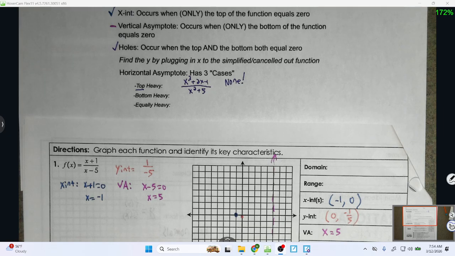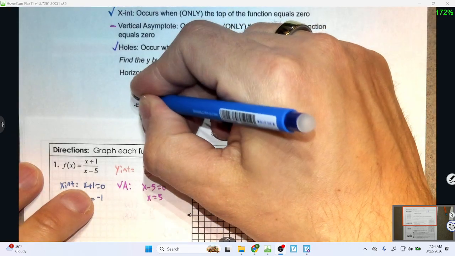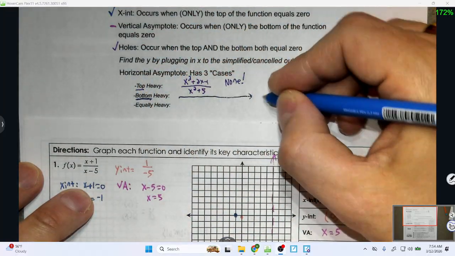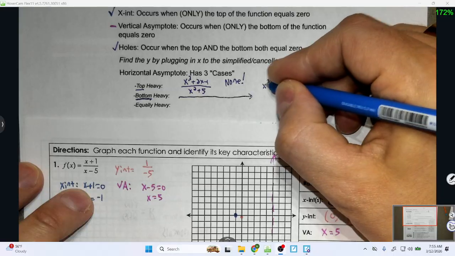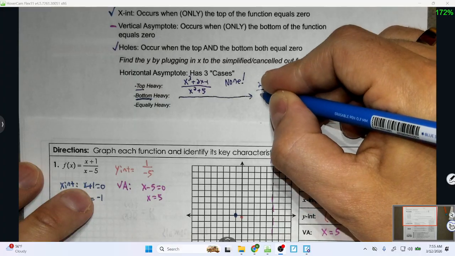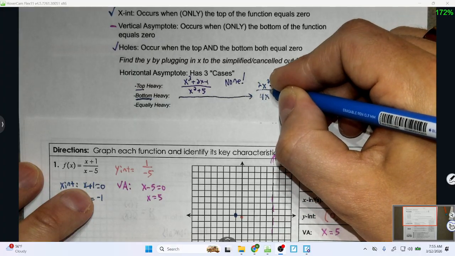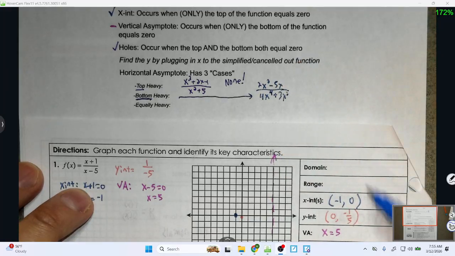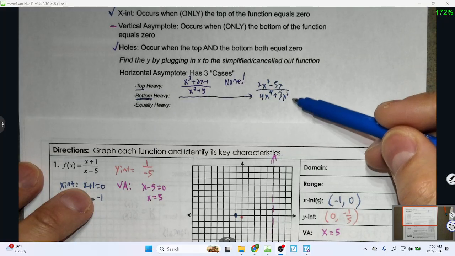Okay, let's talk about bottom heavy, though. When it's bottom heavy and you put a giant number in, let's say we had 2x squared minus 5x over 4x to the 4th plus 3x squared. Where's the highest power? In the bottom.